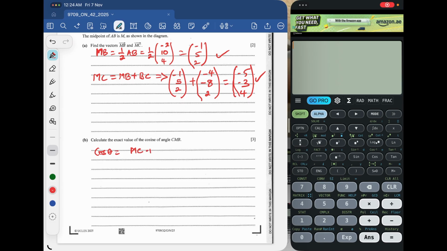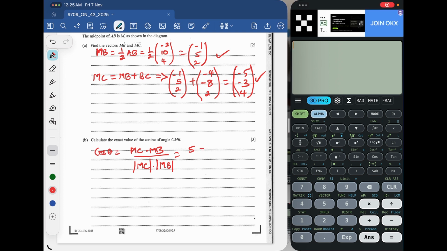So I'll just do the dot product of MC and MB: minus 5 times minus 1 is 5, then 5 times minus 3 is minus 15, then 2 times 4 is 8.